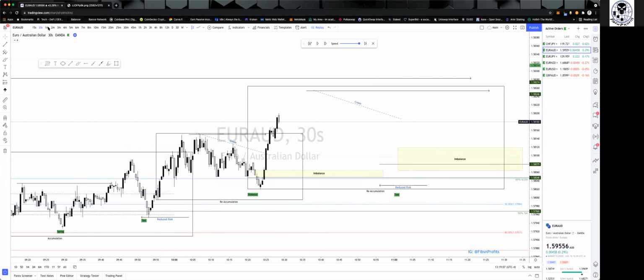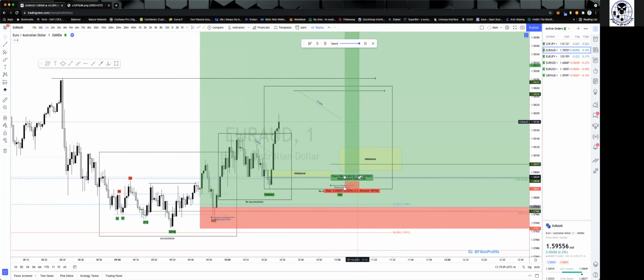I believe it was a 2.7 pip stop loss. Because we have made a new high, this order is now at break even, which means I can put full risk of 1/4%, or on a 100K account, $250 on here, because if I get stopped out, the most I'm going to lose is that $250.